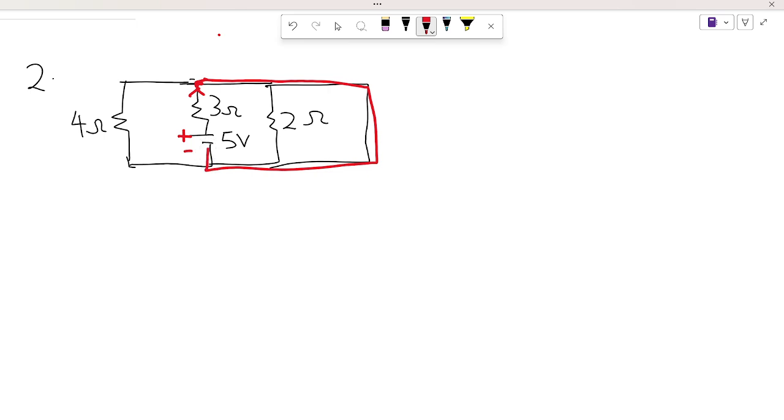So our effective circuit is actually going to be consisting of only the 3 ohm resistor.